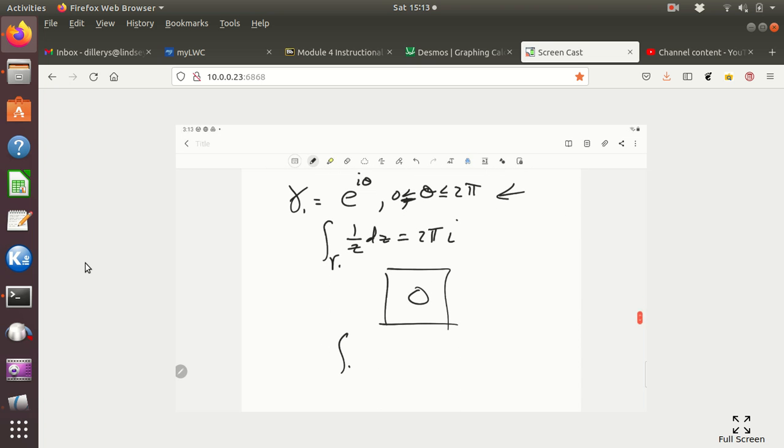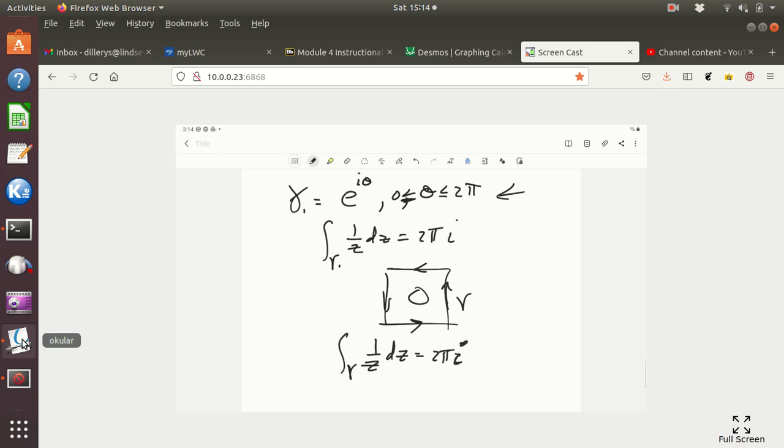So that says the integral over gamma of 1 over z dz is equal to 2 pi i. And so there's our gamma. I got that simply because of a previous result. So that's very, very powerful to do that.